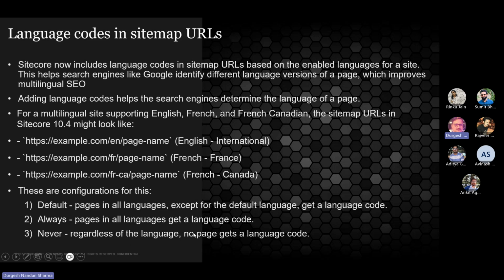Never means no language will be added in the sitemap URL. We could do this in previous versions also, but we had to code a little for it. But in Sitecore 10.4, it can be done automatically.